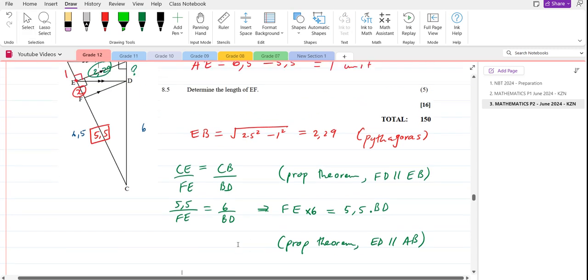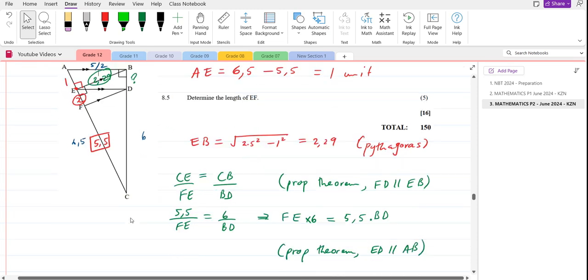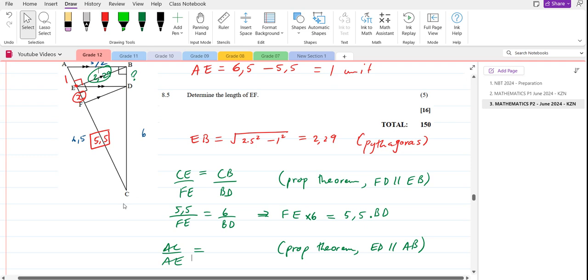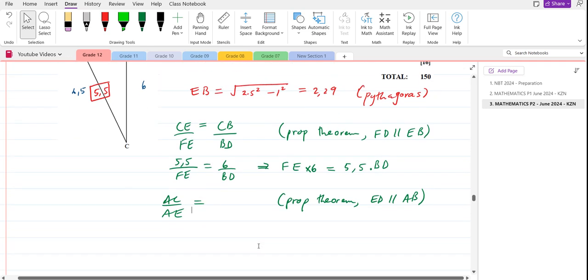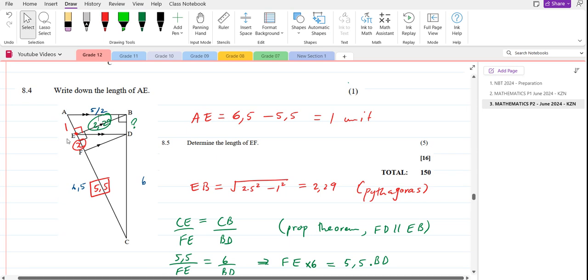We should say the whole thing. AC over AE. AC over AE equals BC over BD. Yes, that should be fine, because then we can find that proportion ratio.